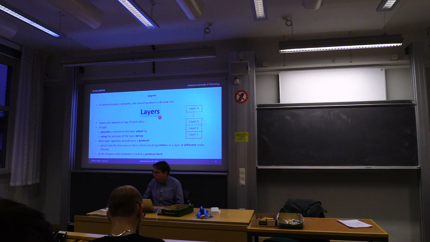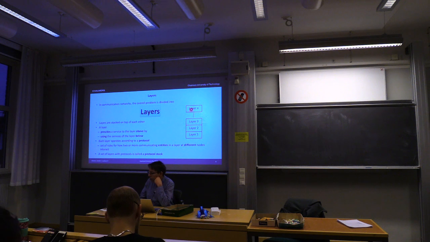Okay, so we have a number of layers, which are stacked on top of each other, and the convention is that the lowest layer is called layer 1, and then layer 2, and so forth, and we add up layers as we go up here. So what is a layer? A layer is something that provides a service to the layer above it by using the service of the layer below it.